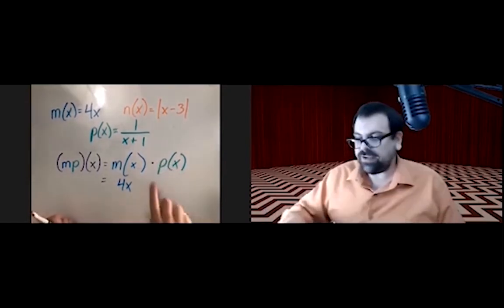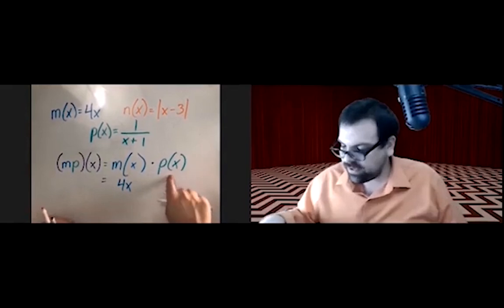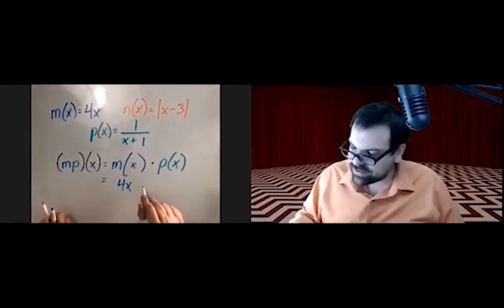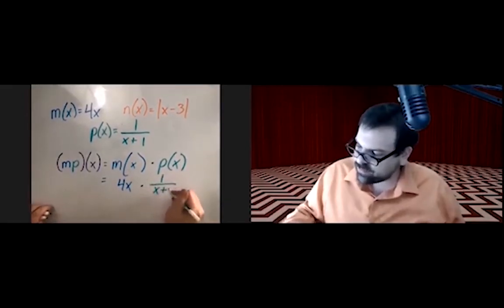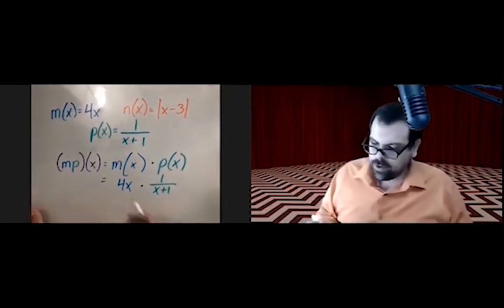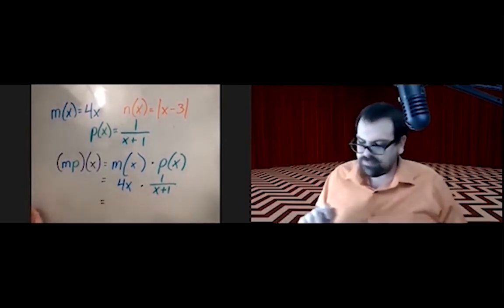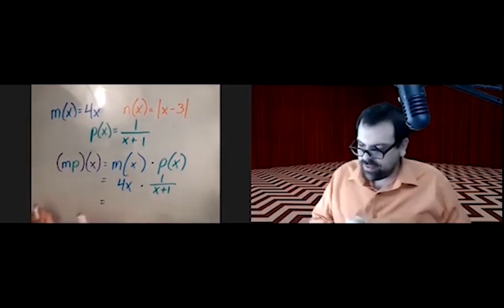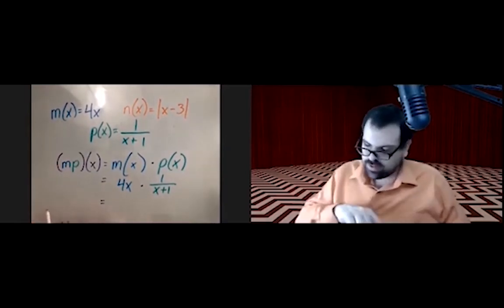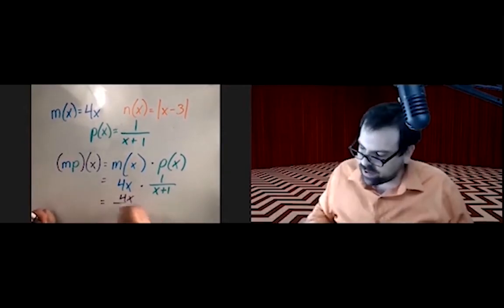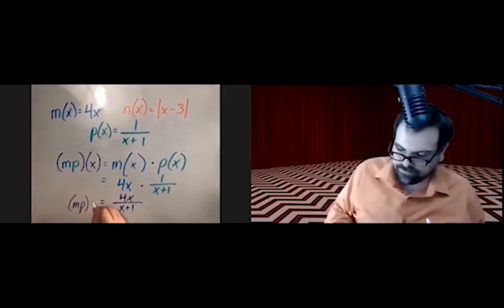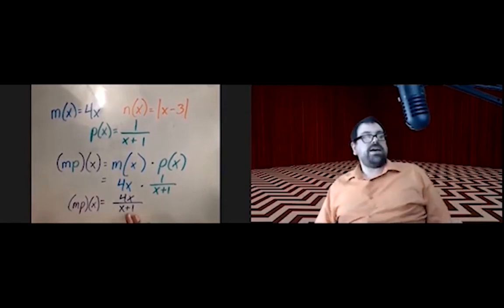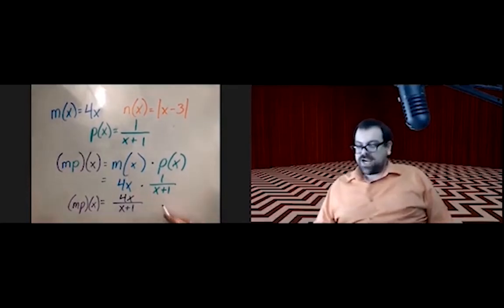This should just be times. Forgive me. Times m of x times p of x. 4x times 1 over x plus 1. Multiplying something by a fraction just multiplies it by the top. This is 4x over x plus 1. mp of x equals 4x over x plus 1, because that's 4x times this fraction.